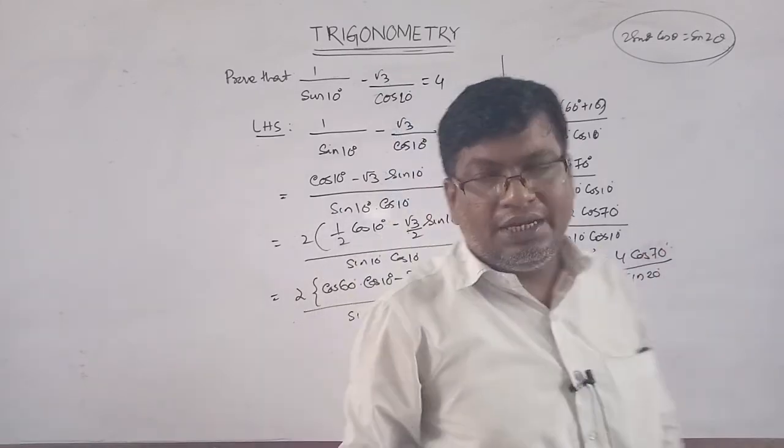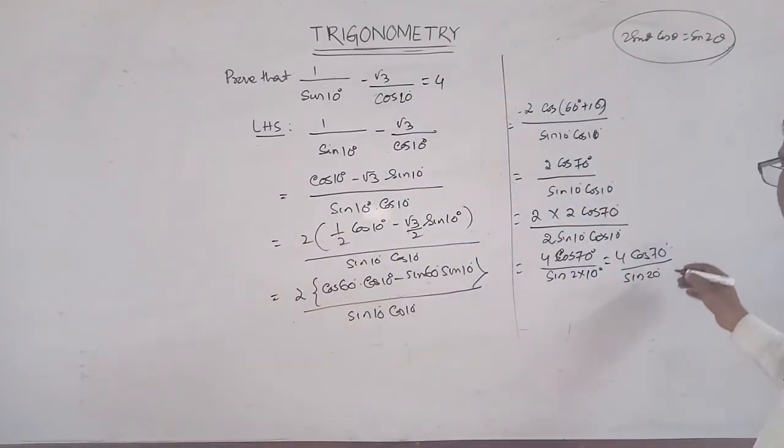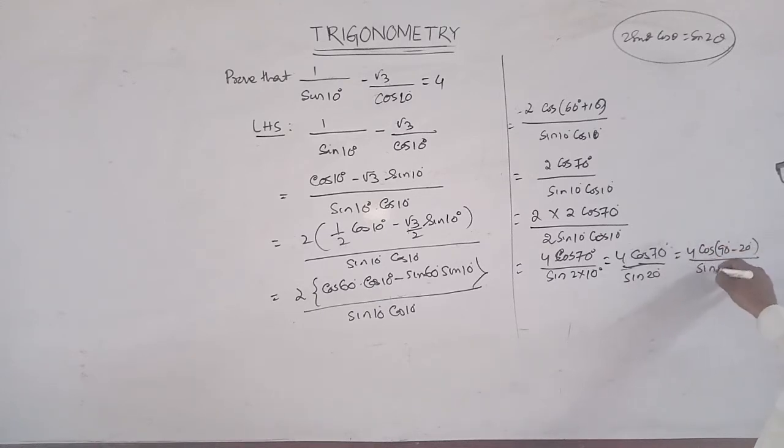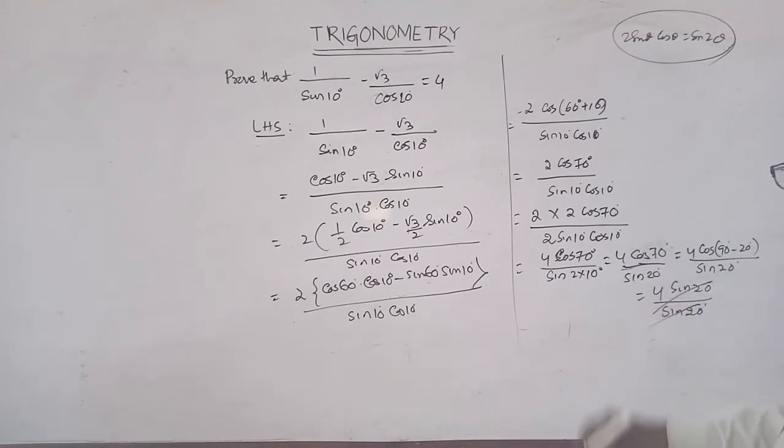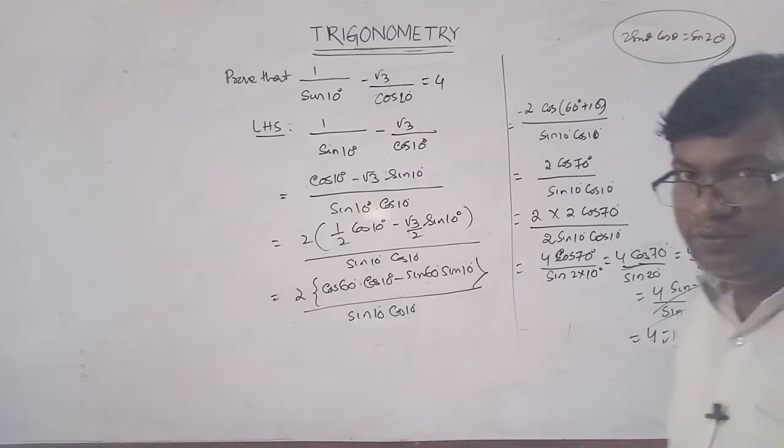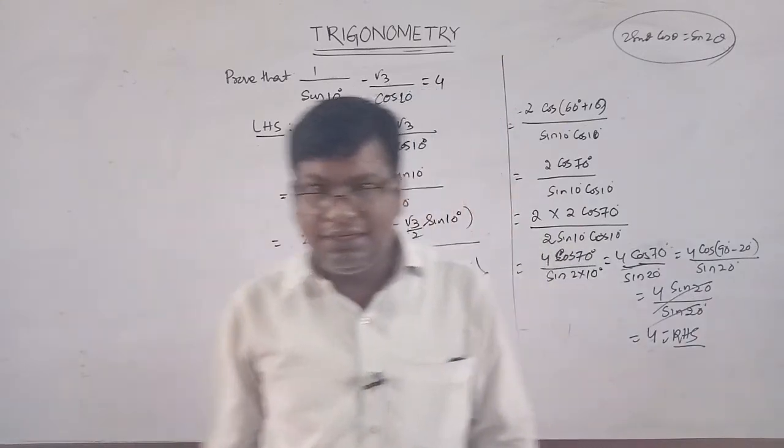Okay, so sin 20 is equal to cos 70. So this is equal to 4 cos (90 minus 20) by sin 20, which is 4 sin 20 degree by sin 20 degree. So sin 20 cancels, and this is equal to 4, which is equal to the right hand side.